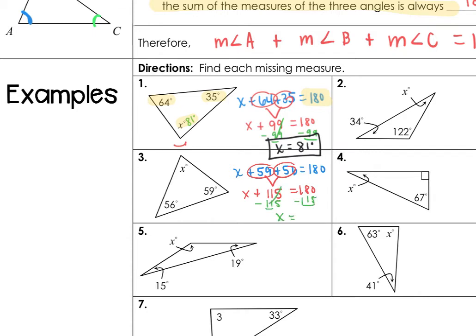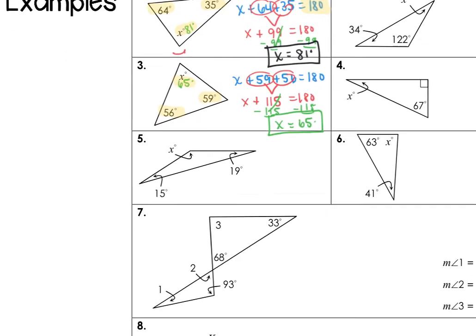The final answer here is going to be x equals 65 degrees. And again, plug that into your little picture, add these on your calculator, and check your work. Make sure that they actually do add up to 180.